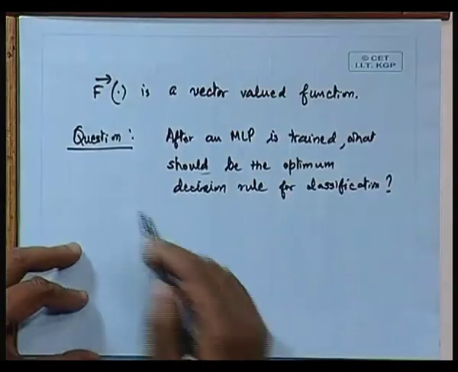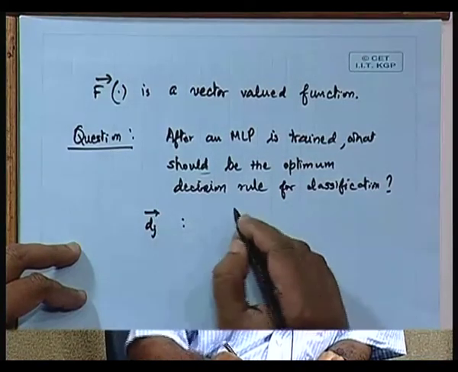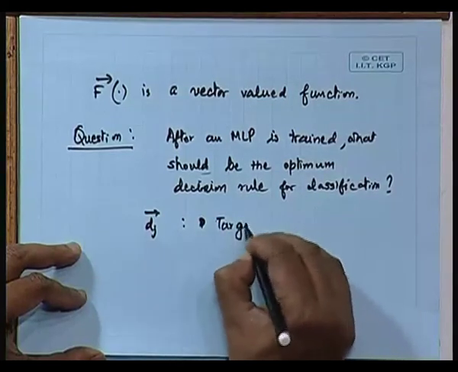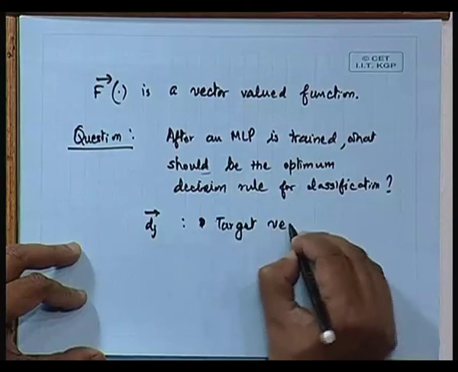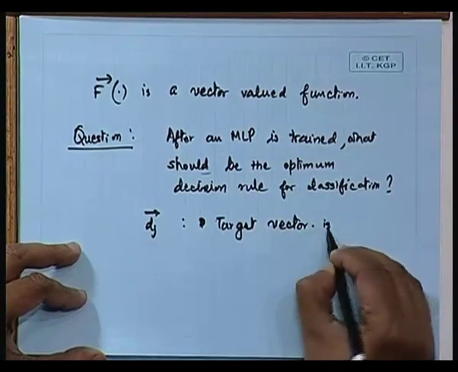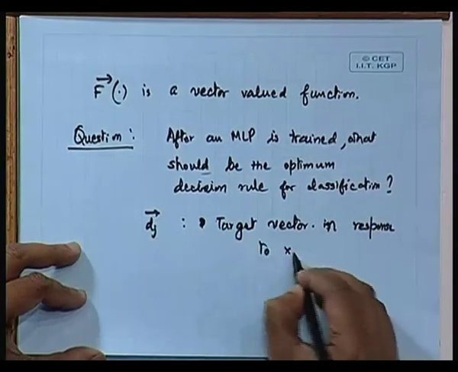For each of these m outputs, we should expect something at the output. So, we should have a dj vector that describes the decision or the target vector. So, dj is the target vector in response to xj.